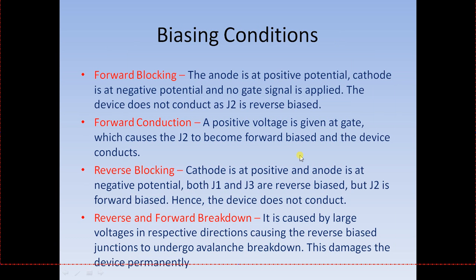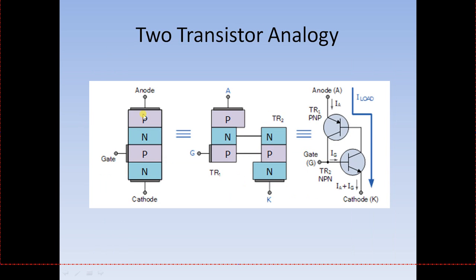But let us see the next biasing condition, the forward conduction. It is in the forward direction, so anode is positively charged, cathode is negatively charged, and there is a positive gate signal. Okay, so once you apply a positive gate signal, this junction J2 becomes forward biased.